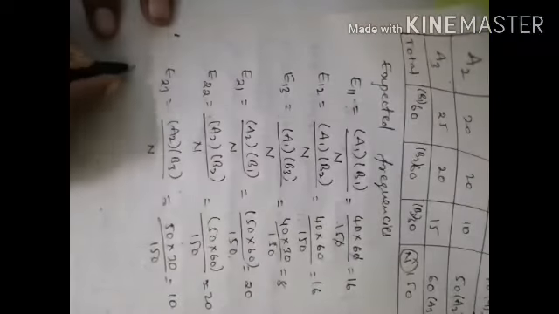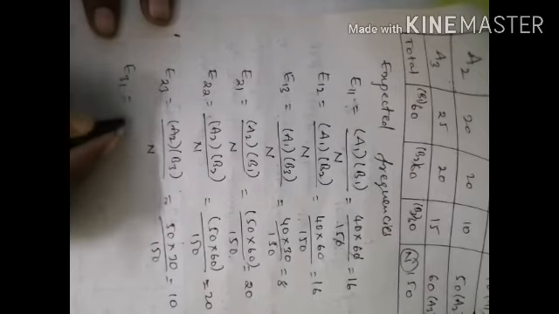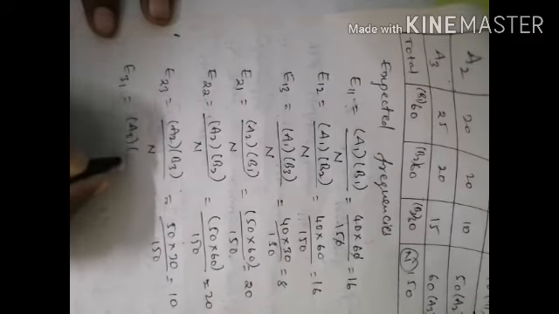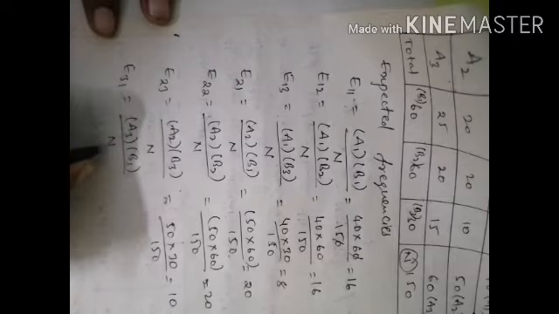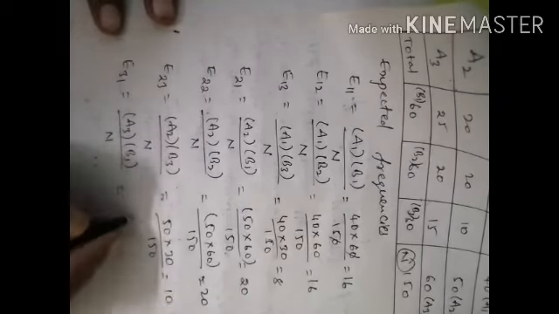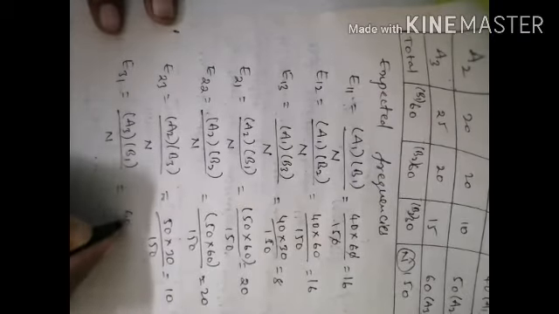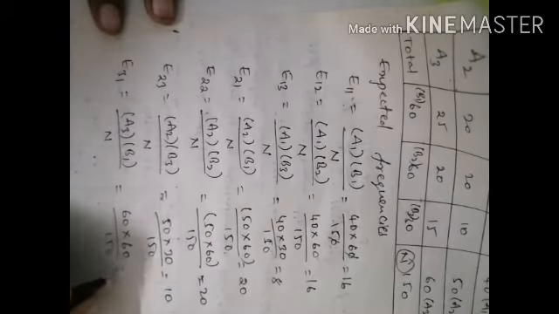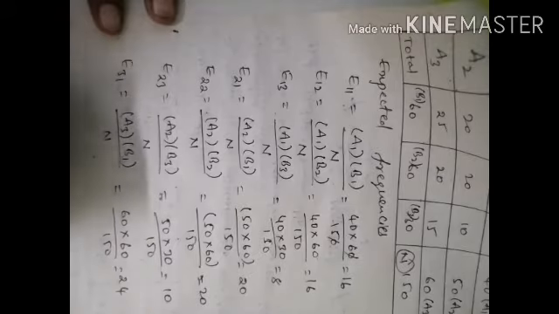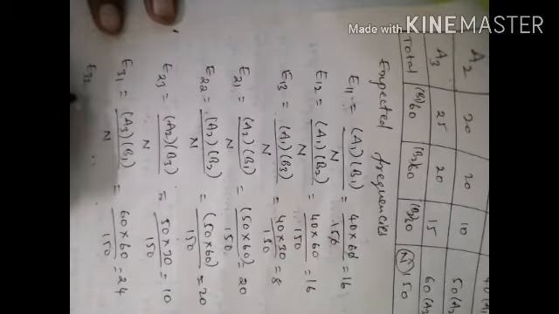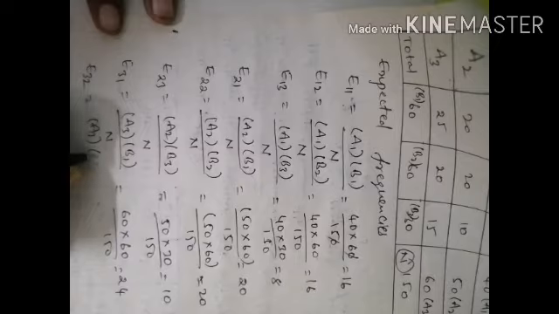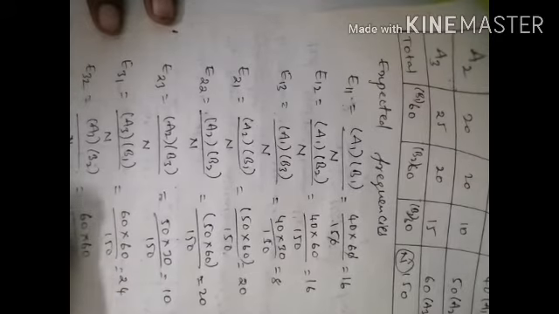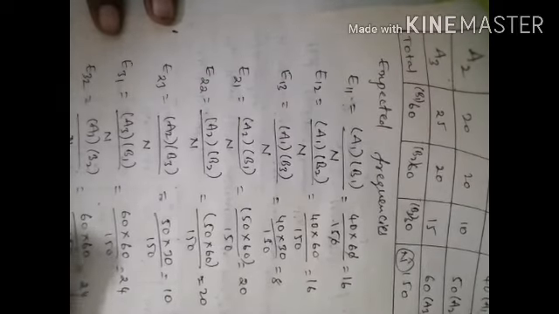Next, third row, E31: A3 into B1 by N, A3 total 60 into 60 by 150, that is 24. E32: 60 into 60 by 150, 24.